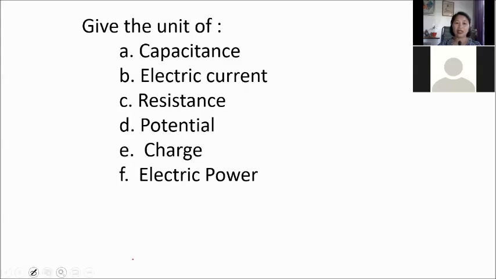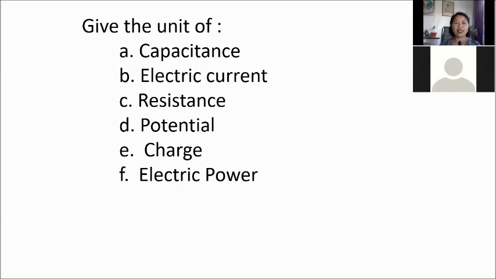Unit of capacitance is farad. Capital F. What about unit of electric current? Unit ng electric current is ampere. Correct.